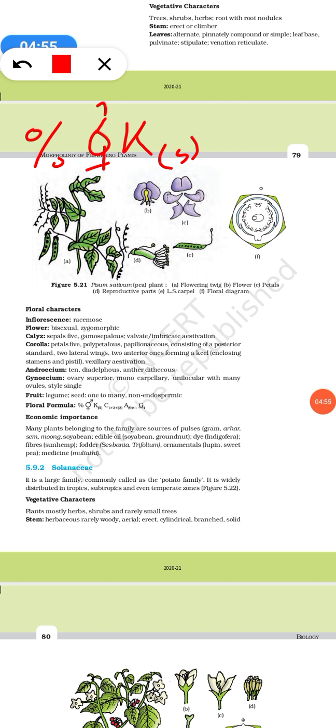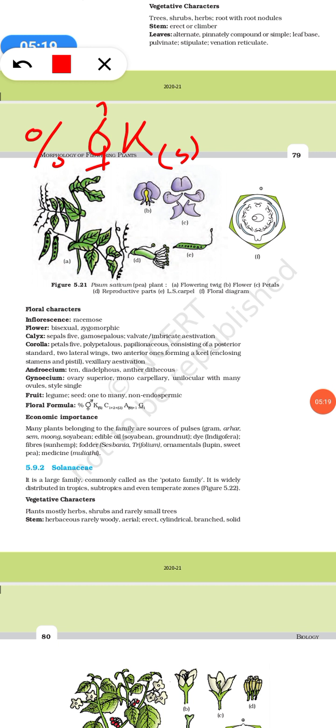Again 5 for the corolla, and they are saying what kind of estivation there is. Valvate estivation. So when I draw the formula, I can say it is a valvate estivation, right? They do not follow an imbricate estivation or a valvate estivation.